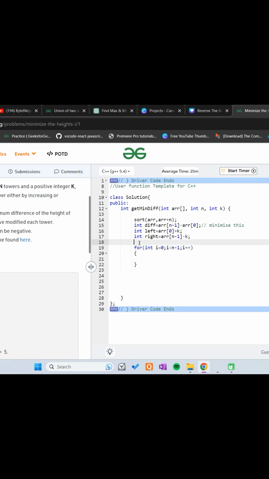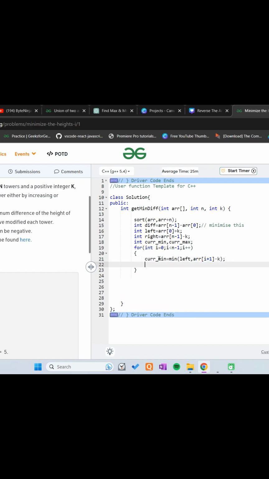Now I am also initializing two variables, current min and current max. Current min is nothing but the minimum of left, and arr[i+1] minus k, we have to decrease. We have to take the difference between these two so that it can be minimized.